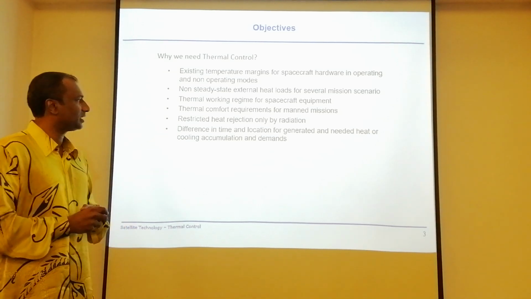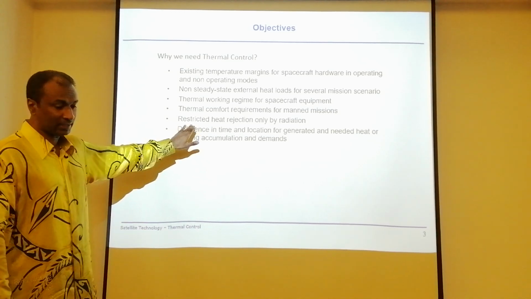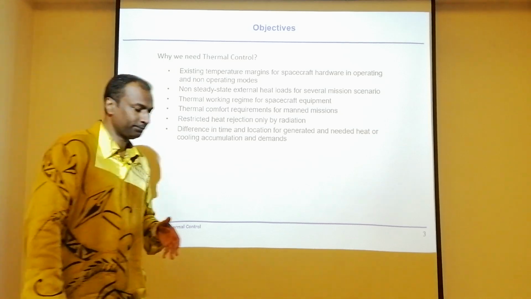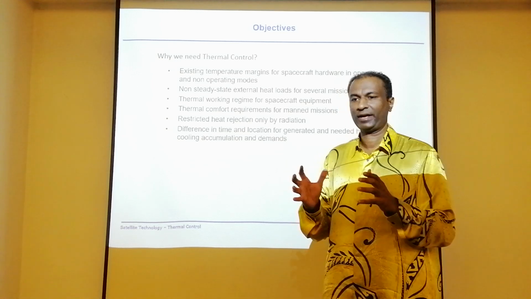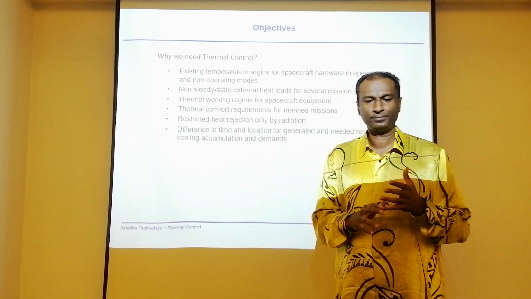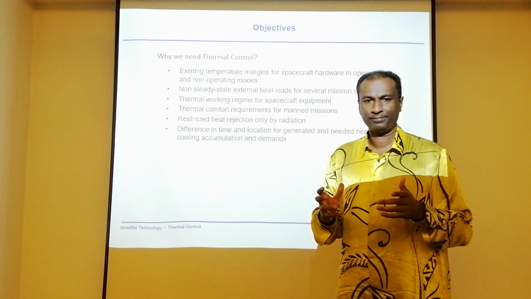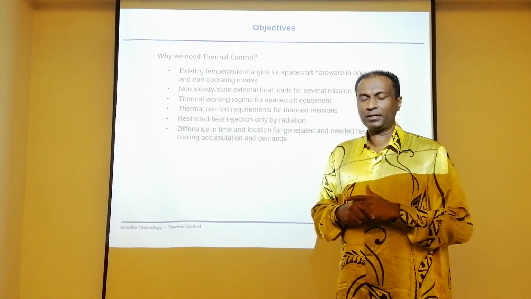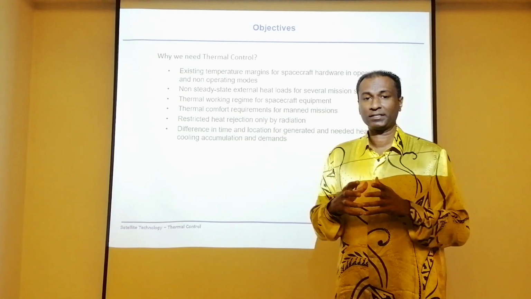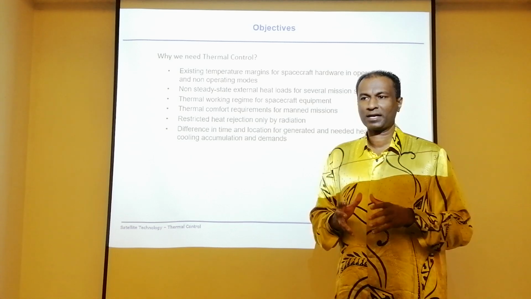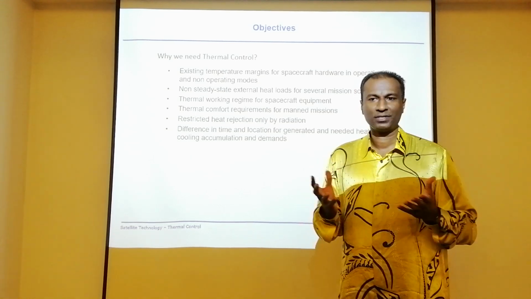Then you have restricted heat rejection. This is a very important element that all of you have to remember. Within the spacecraft, we know there are the fundamentals of conduction, convection, and radiation. These are the three modes by which heat transfer can occur. All three can happen within the spacecraft, but from the spacecraft to space there is only one mode: radiation only.